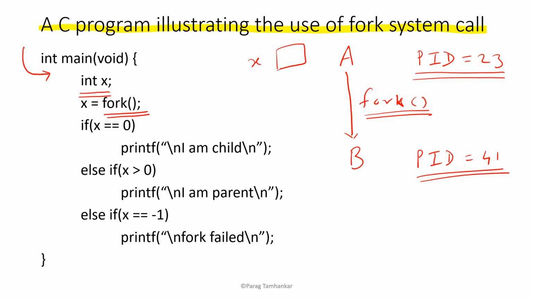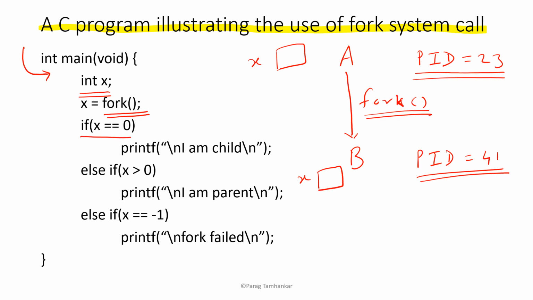So the child's PID is say 41. Since the child is an exact replica of the parent, it inherits everything from the parent, and it will also inherit X. So there will be a separate copy of X for the child, and a separate copy of X for the parent as well.